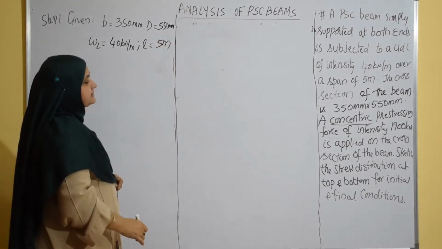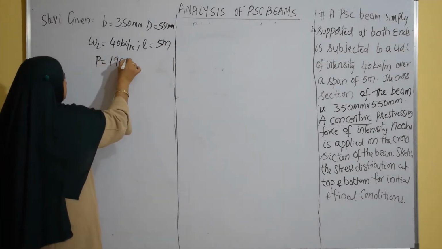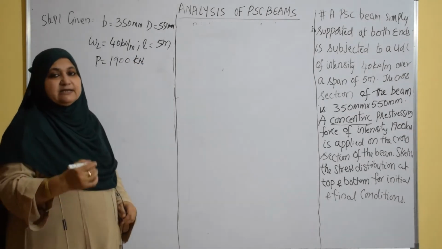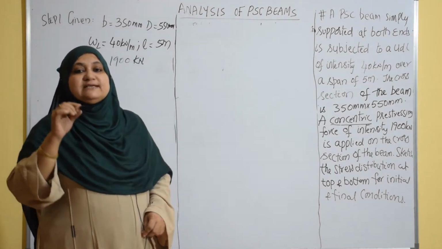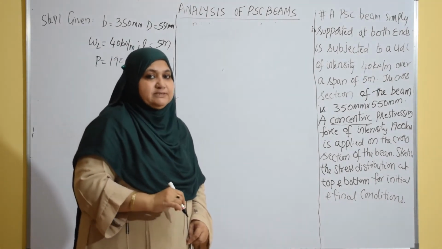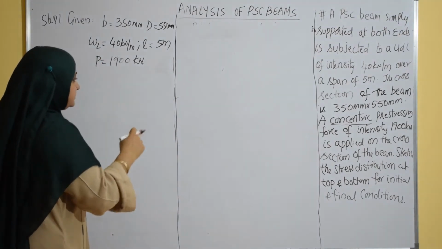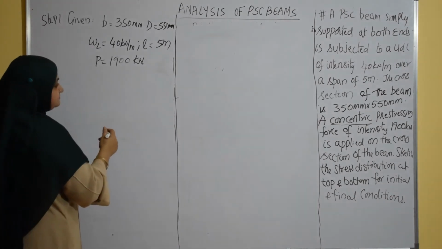A concentric pre-stressing force of 1900 kilonewton. It's concentric, that means there is no eccentricity. We are applying the pre-stressing force exactly at the center of the beam, the CG of the beam, meaning the cable is laid there. Anything else? No. So with this we can start our problem.